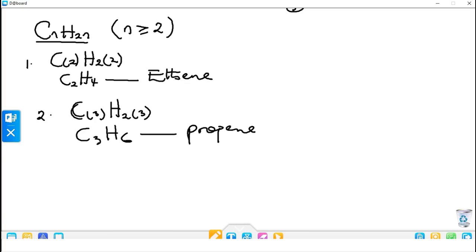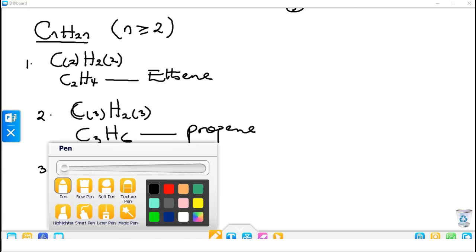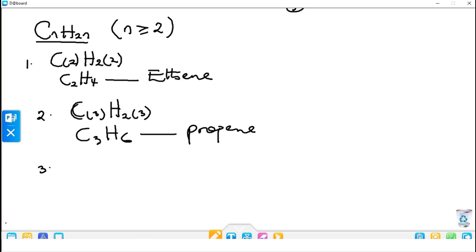We can go on and on and get the formulae of all the members in this family. Instead of using the calculation, I can recall that each member differs from the next by a CH2. So if I add CH2 to my propene, I get C4H8, and this gives me butene.